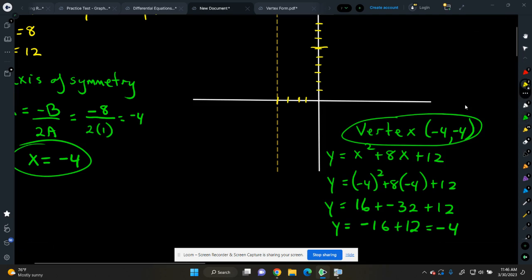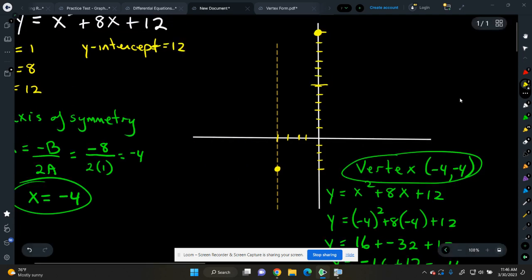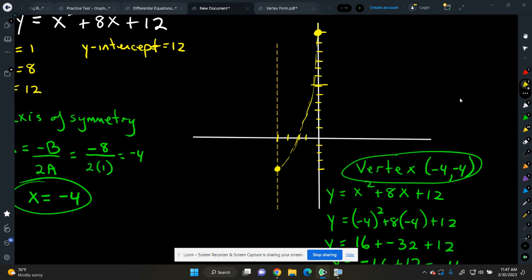So we're going to plot that point. 1, 2, 3, 4. There we are. Negative 4, negative 4. That's my vertex. Okay. At this point, I only have half of my graph. It's symmetric, right?